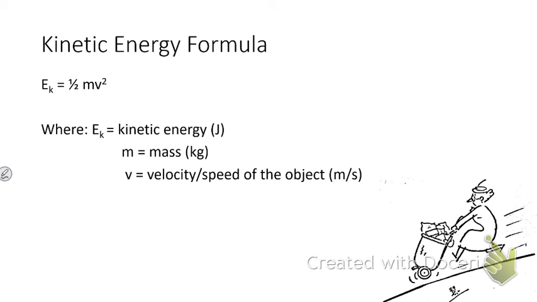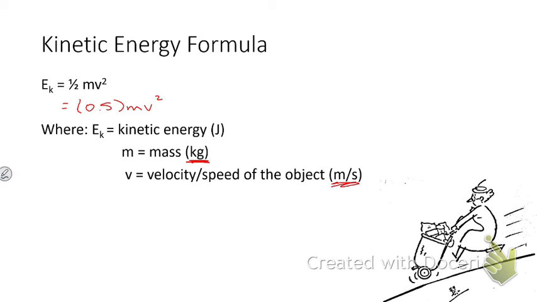Okay, so the kinetic energy formula, EK is 1/2 mv squared, or if you don't like that, you can do 0.5 mv squared. Mass needs to be in kilograms, not grams, and velocity needs to be in meters per second, okay?